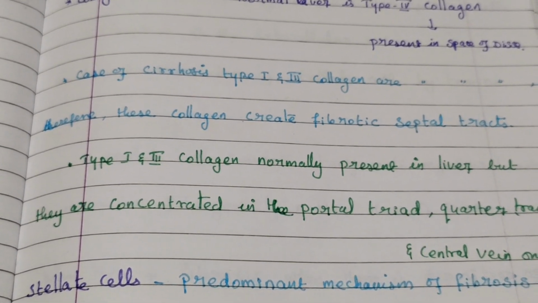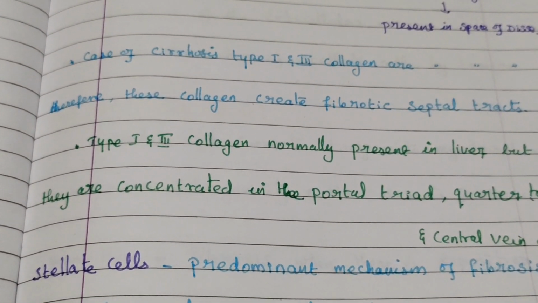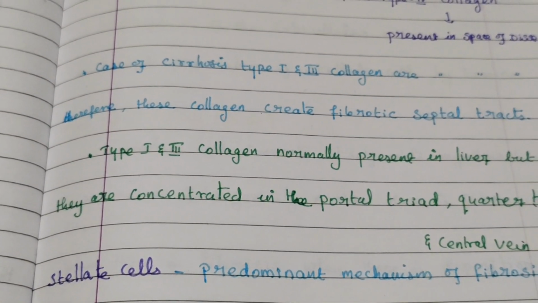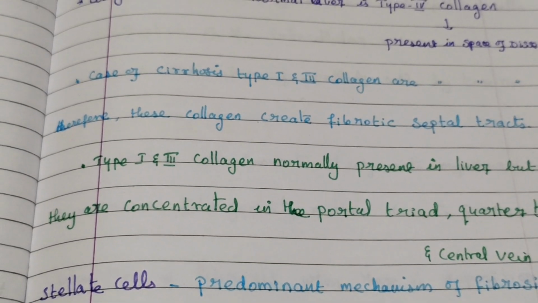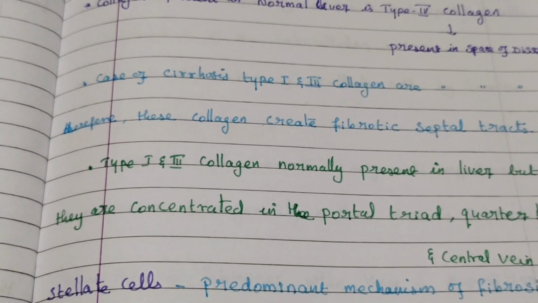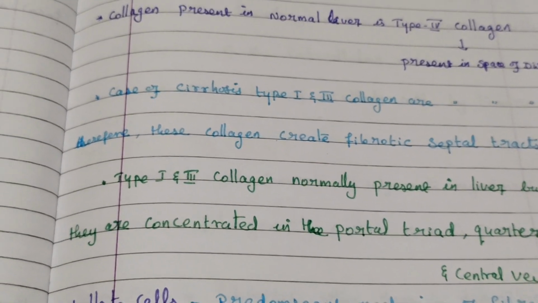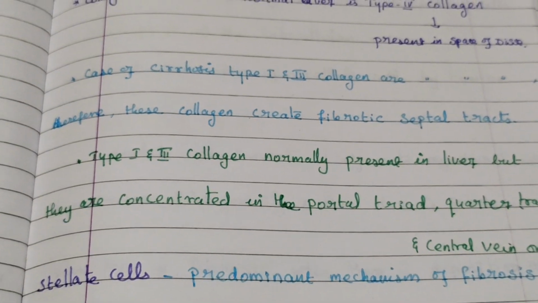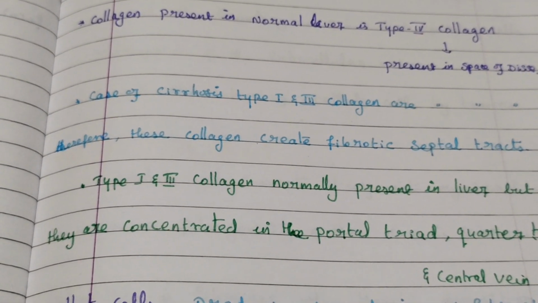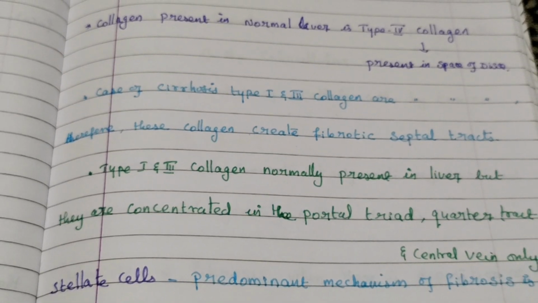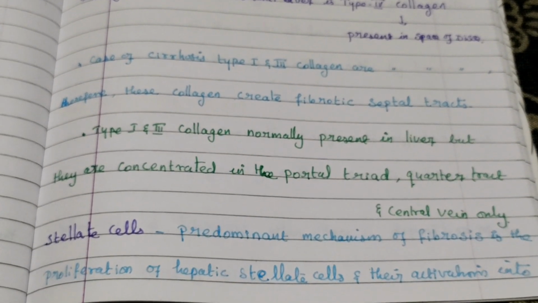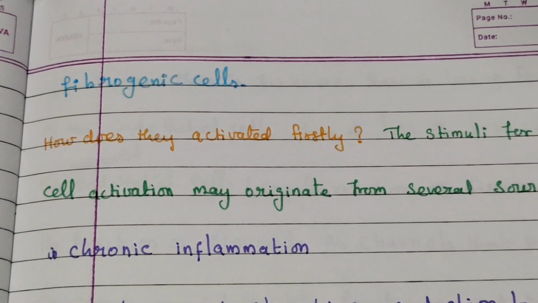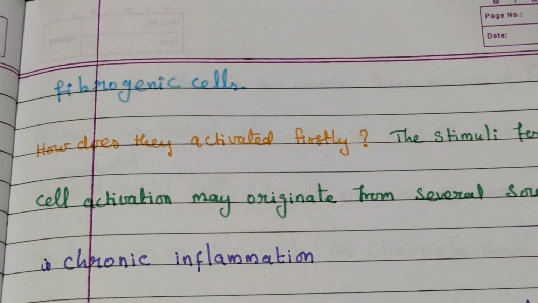Going to the stellate cell, we already discussed that stellate cells are particularly responsible for fibrosis. In chronic inflammation, these cells get activated and proliferate. They convert themselves into highly fibrogenic cells. How are they activated?